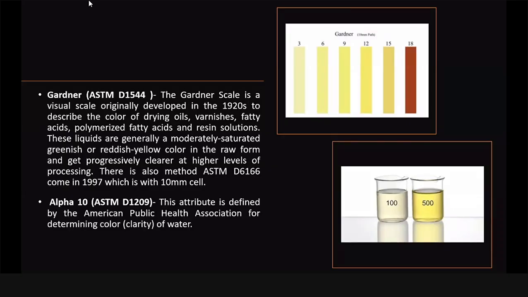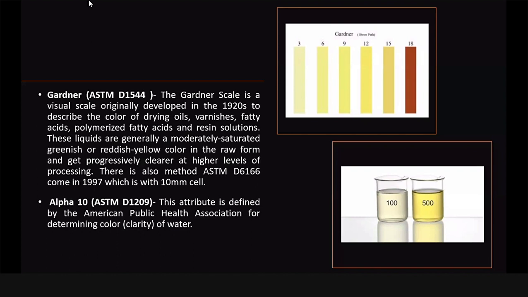Now further we have industry-specific attributes like Gardner, APHA, Saybolt or ASTM color. Gardner and APHA are two very widely used in the industry. Gardner is, I think, a globally known color scale standard, used for color solution measurement and scaling.